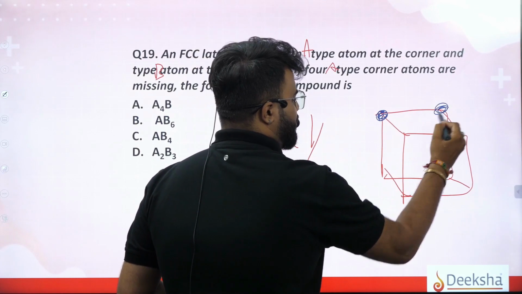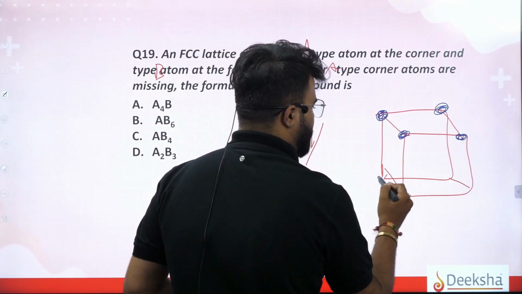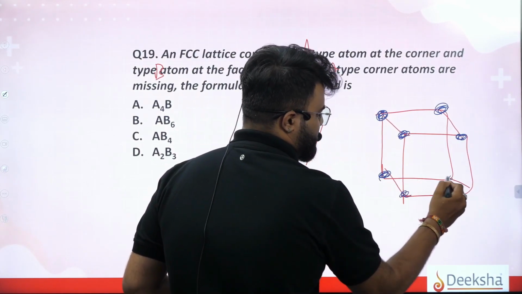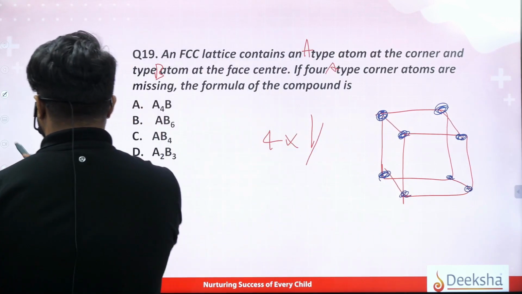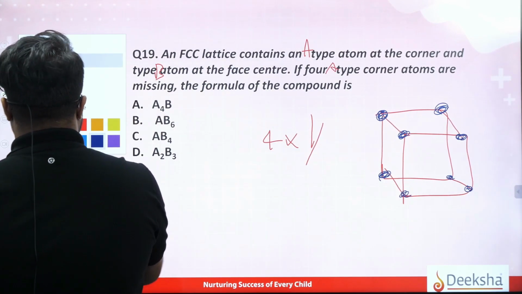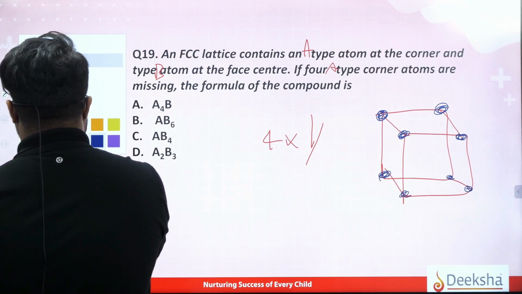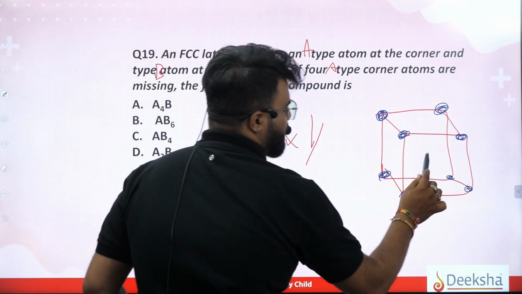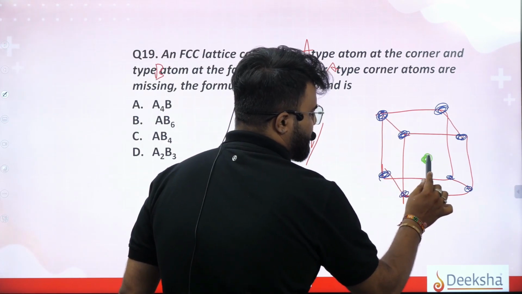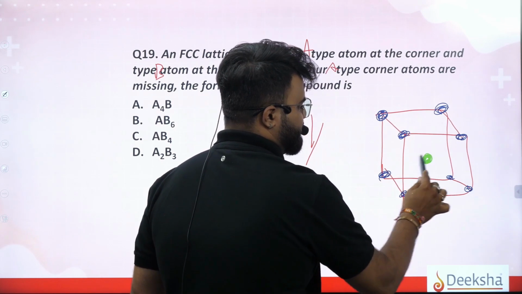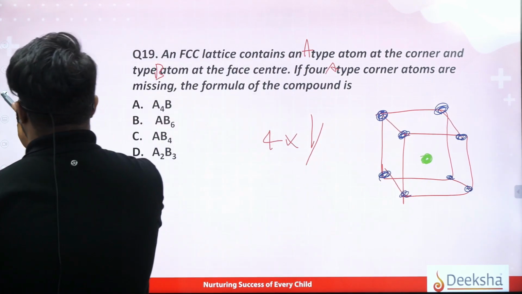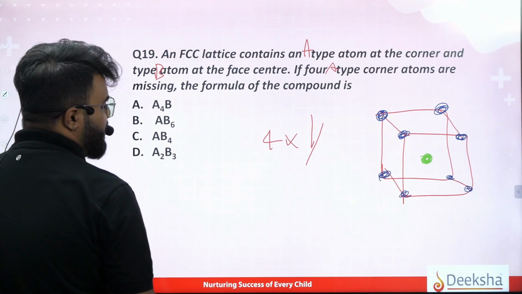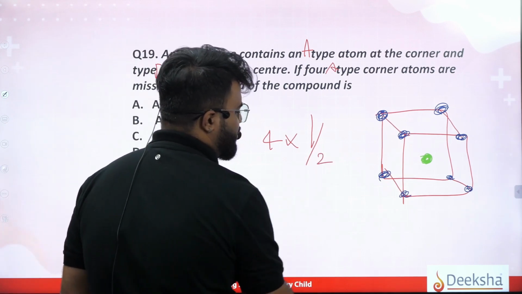One, 2, 3, 4 corners, 5, 6, 7, 8. Now we'll check the face centered ones. Here 4 will constitute half.